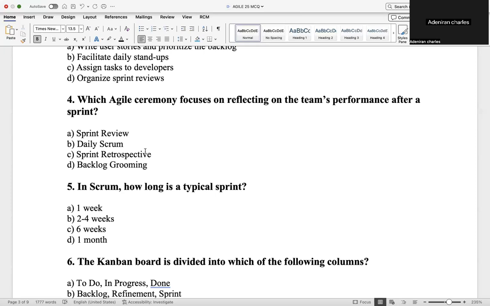It means the job has not been done at that point. But sprint retrospective is about reflecting on the team's performance after the sprint. So that's when we've done the work. We're now learning from the process. That's why I think sprint retrospective is the answer.